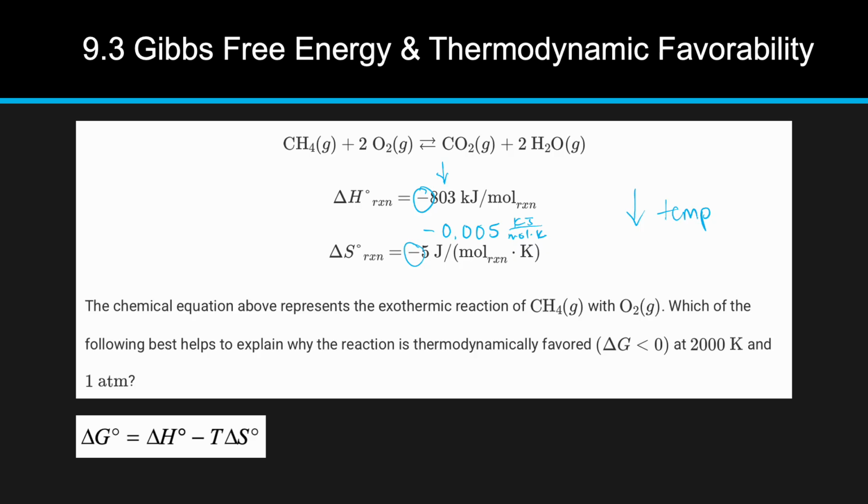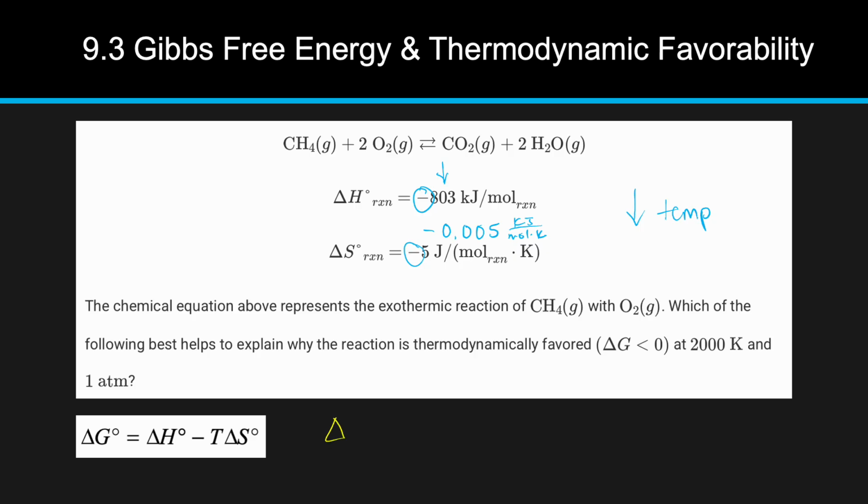So the question is saying, which of the following helps explain why the reaction is thermodynamically favorable at 2000 Kelvin, even though the trend is telling us that this should only really be favorable at a low temperature. So let's plug that into the equation.